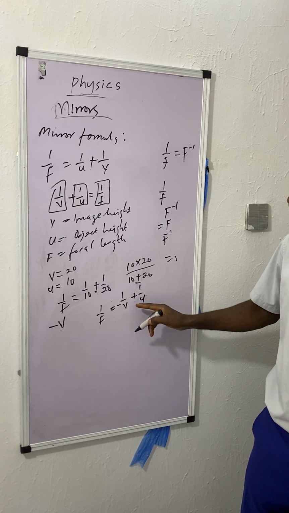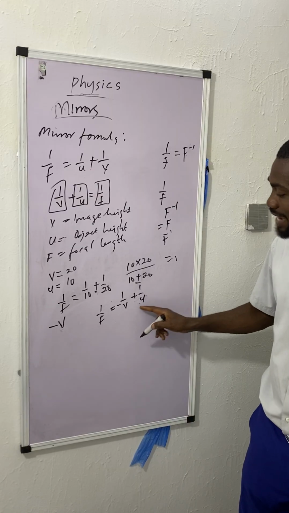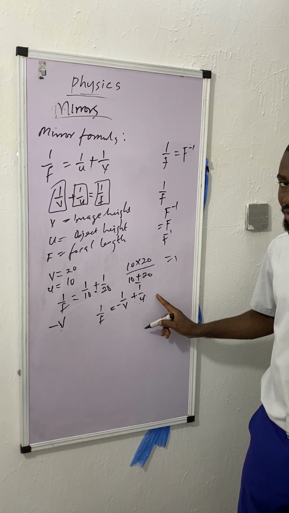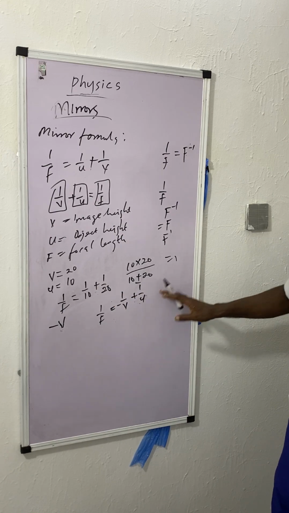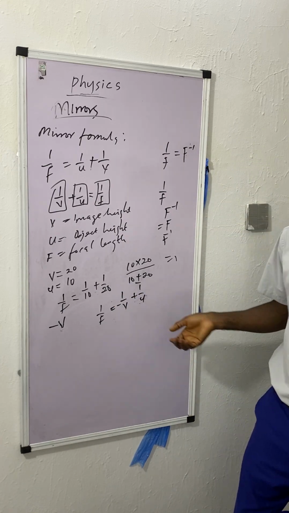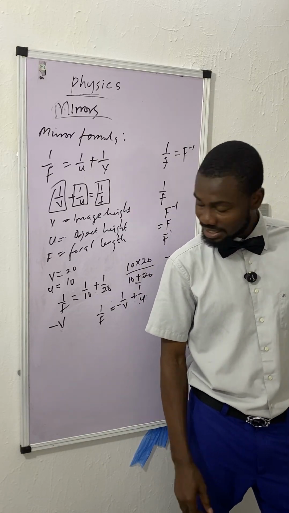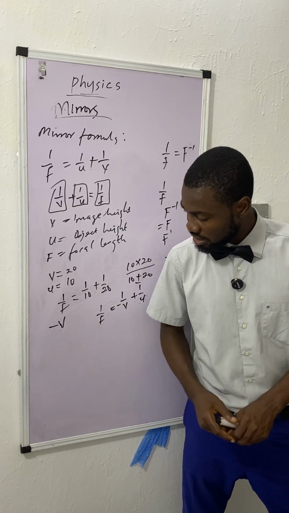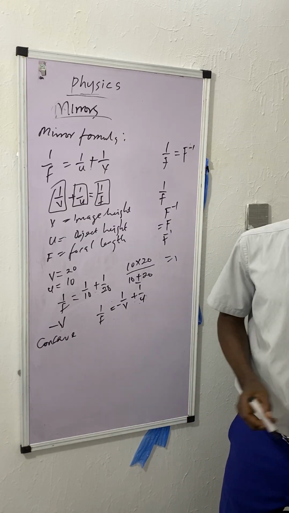If we do what we have to do here, we are left with minus something. So that tells you that you are going to use minus, depending on the type of mirror that you are working on. Like I said, in a concave mirror, v is negative.